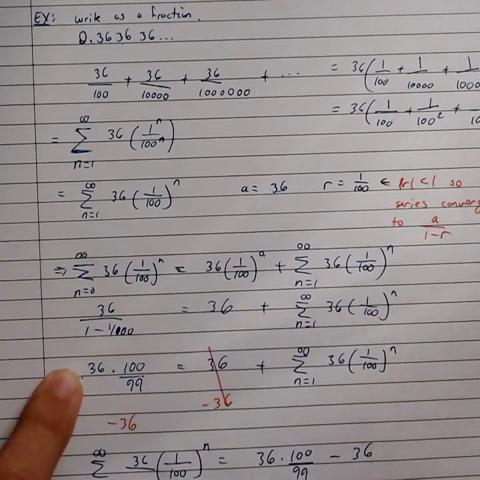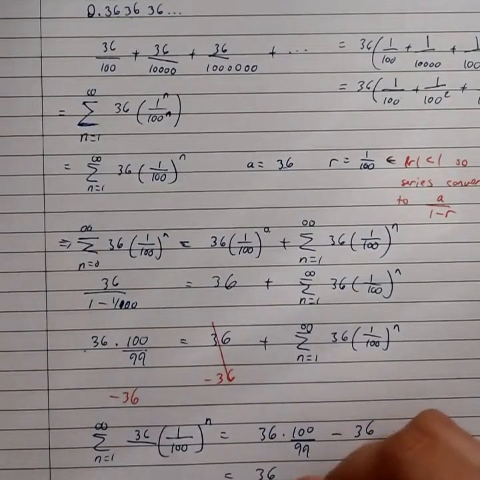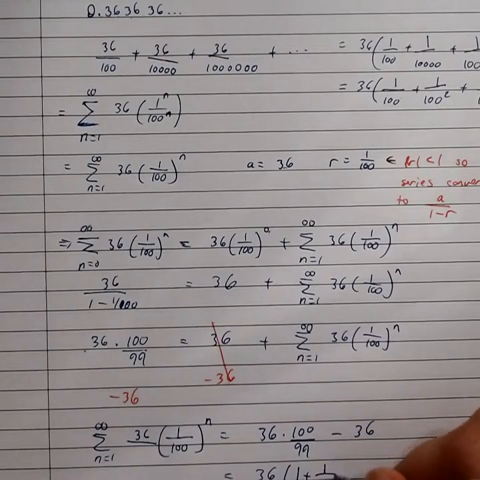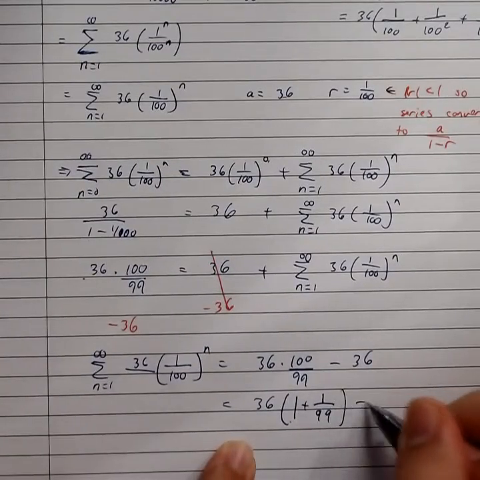Notice here, 100 over 99, that's the same as 36 times 1 and 1 over 99. 99 over 99 plus 1 over 99 is 100 over 99.